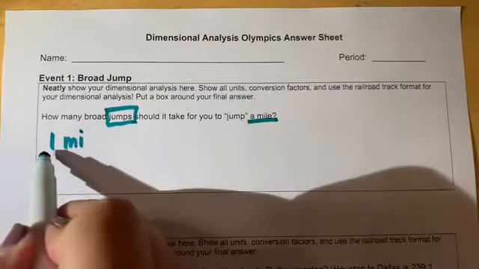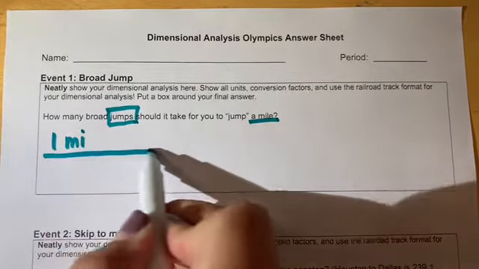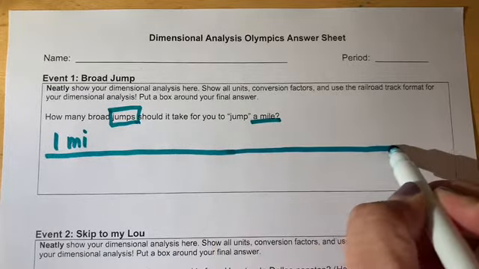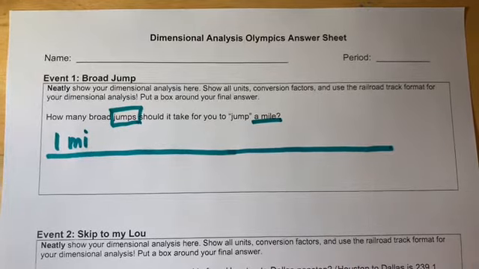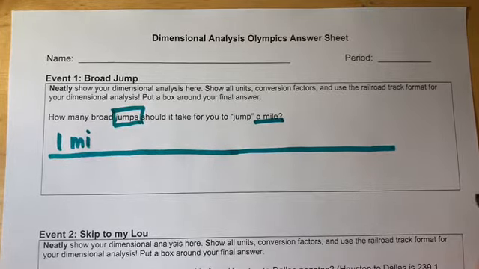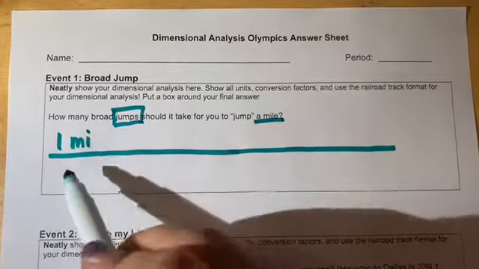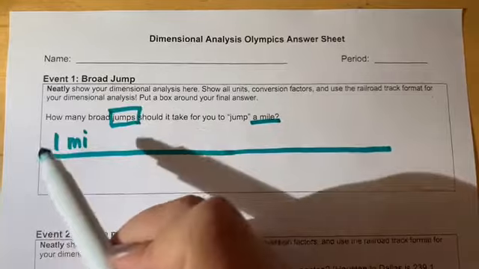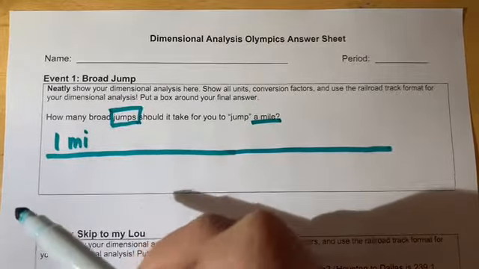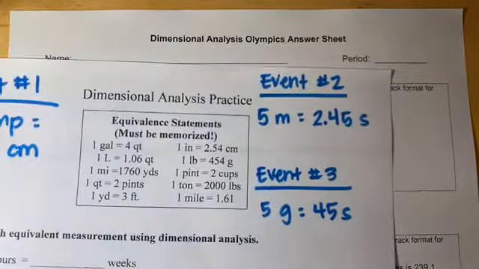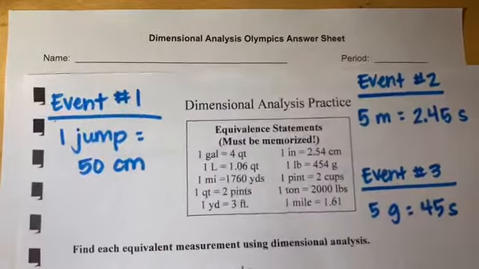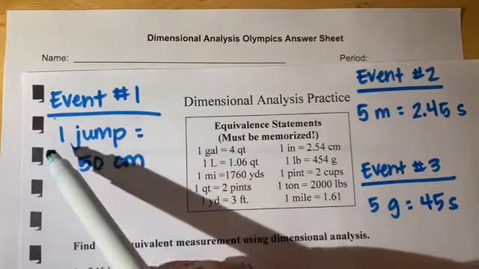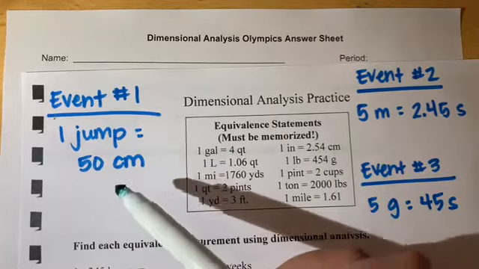Then I'm going to draw out my railroad track. I'm going to draw it long because I'm not sure how many conversion factors we're going to use. First off, if I look at the data we recorded yesterday in event number 1, my average for one jump is about 50 centimeters for me.